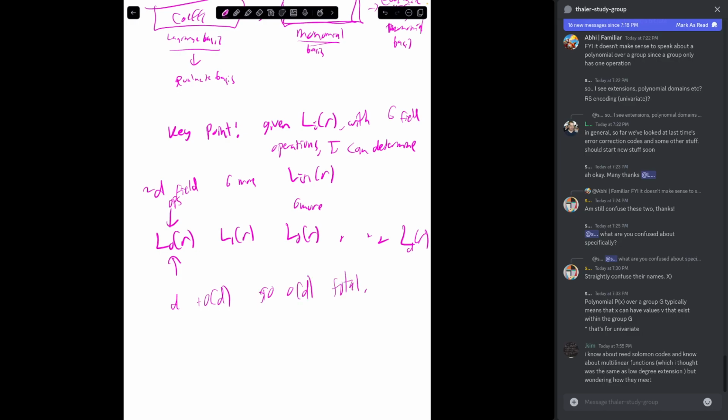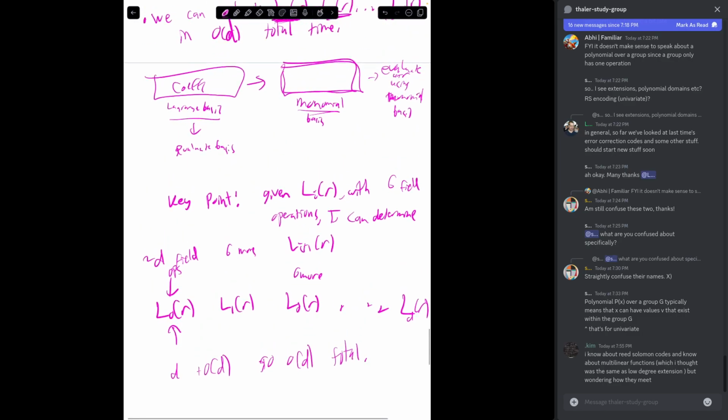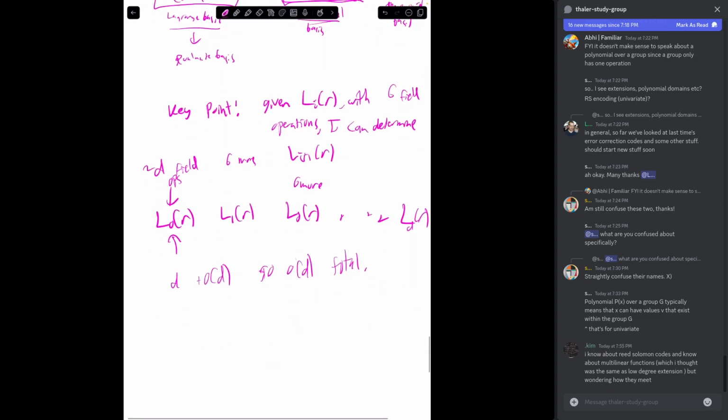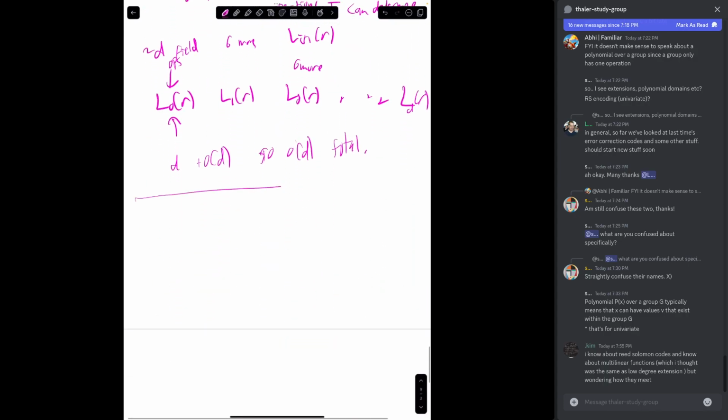So it's still linear time, but the hidden constants hidden by the big O are probably slightly larger than in the standard monomial basis. Okay, so let's write it out. Remember L_i(X): we had to kill everything in the interpolating set besides i.